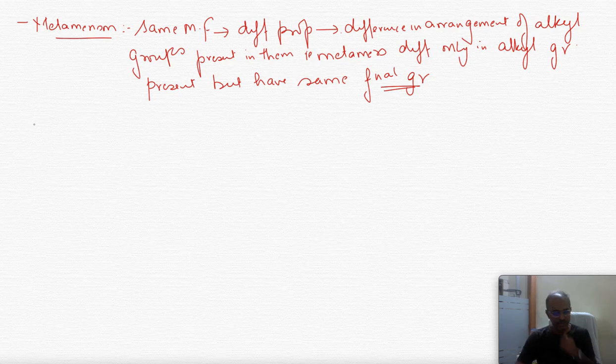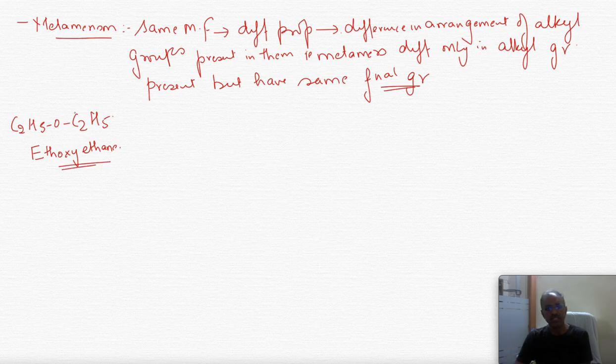Now, we will take one example. Take for example C2H5O C2H5. This is known as ethoxyethane. As we know, in IUPAC the longest parent chain will be taken as the primary, and here ethane is here also.